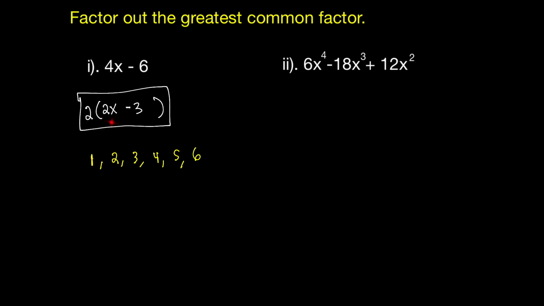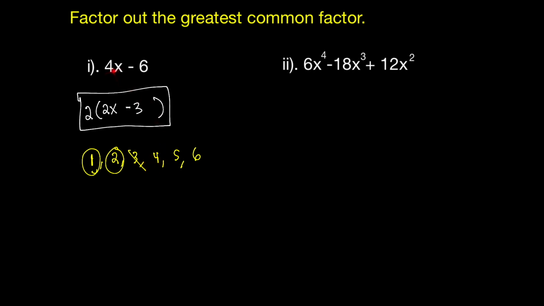For example, here 1 divides 4 and 1 divides 6 evenly, so that's a common factor. Next, you can see that 2 divides 4 evenly, and then 2 divides 6 evenly. Here 3 divides 6, but 3 does not divide 4. So we're going to cancel this one out because remember that they have to have a common factor.